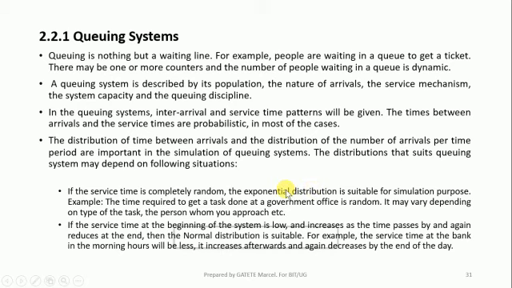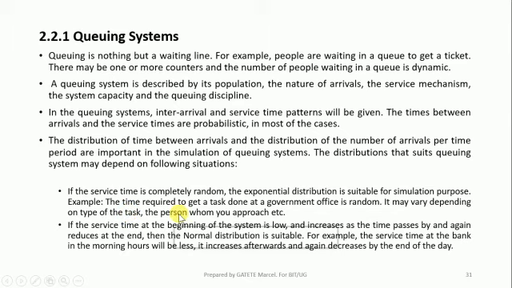This is found in statistics. Here you can have an example: the time required to get a task done at a government office is random. When you are in the government office, you don't know the time you will require to have your task done. So it will depend on the task type and the person also. If the task is very difficult, it will take a long time.